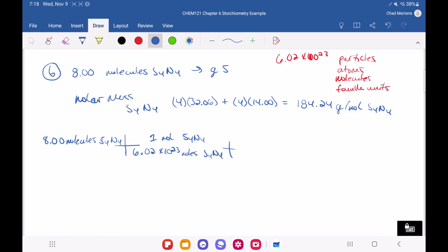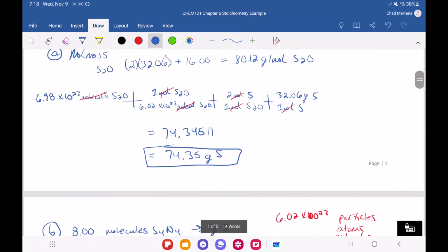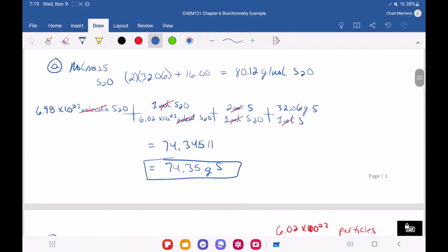So in the last equation, we found that 1 mole of S2O contains 2 moles of sulfur.